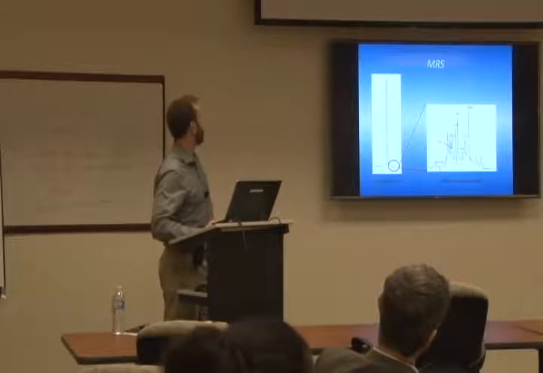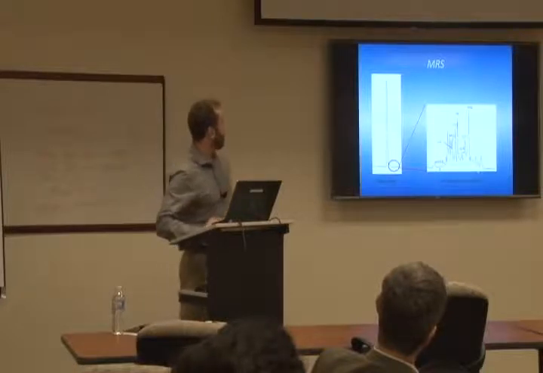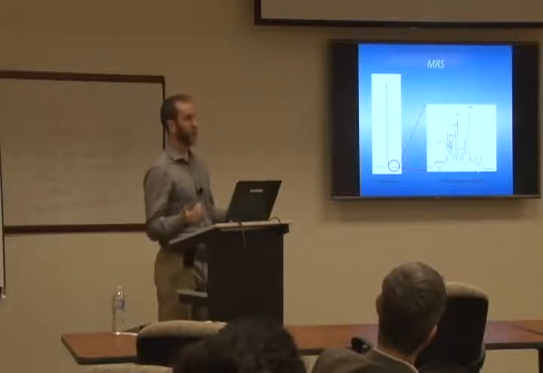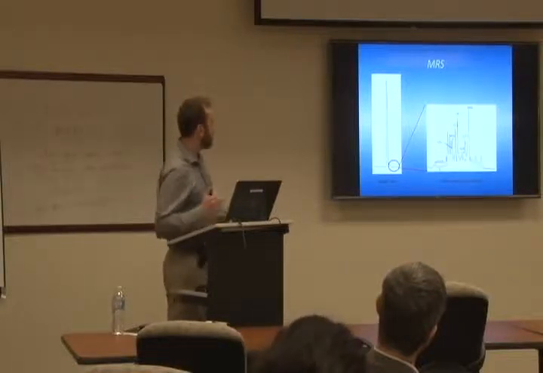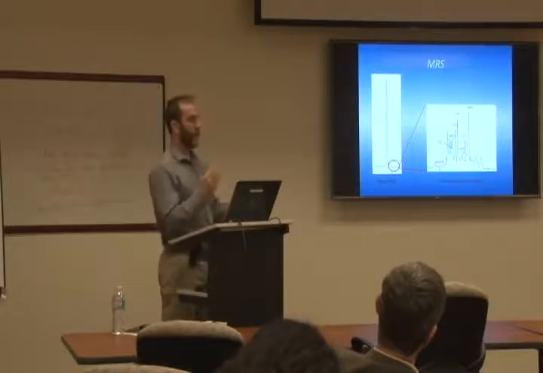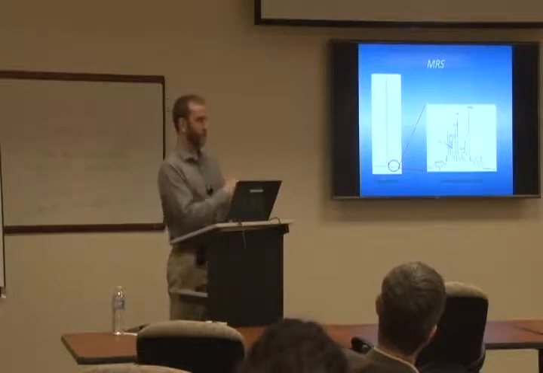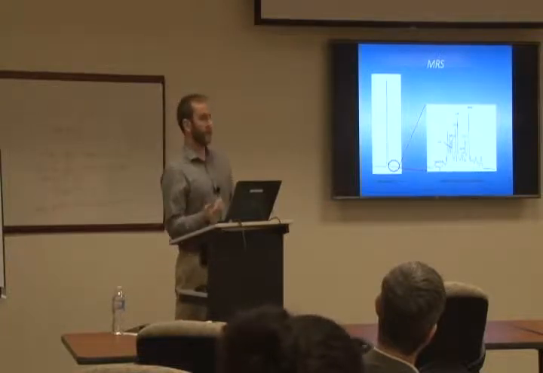But one of these would be 1 part per million. At 7T, that represents about 300 hertz. So the separation between glutamate and glutamine is maybe 20, 30 hertz. But then you go down in field strength, that's 1 ppm at 3T, that's 128 hertz.